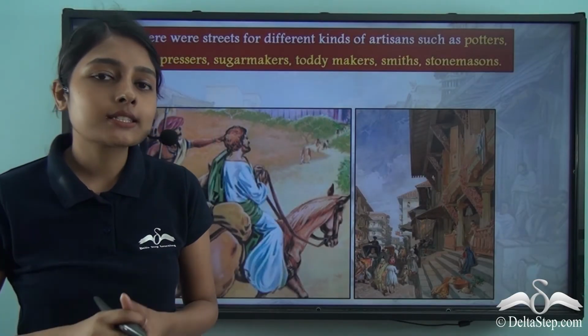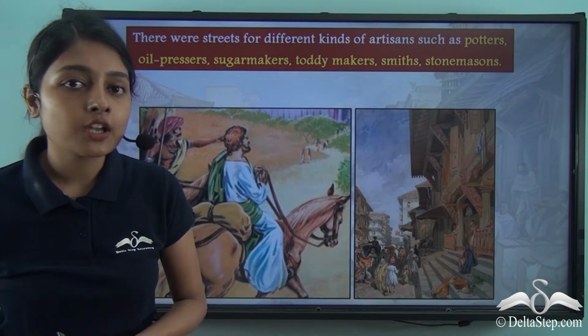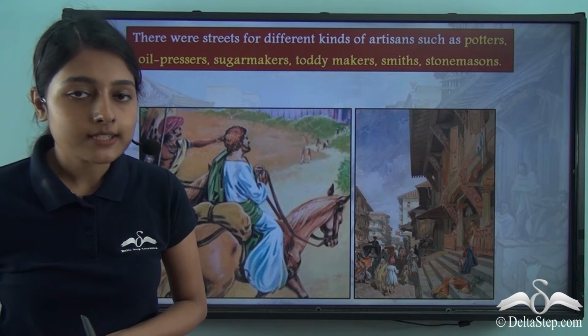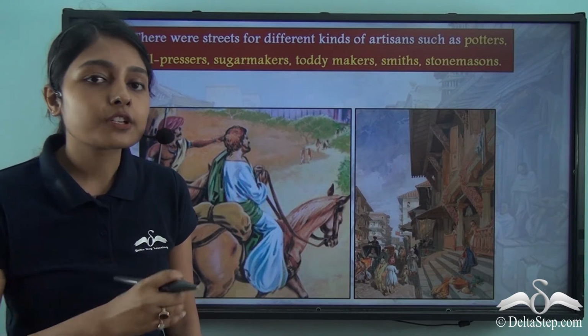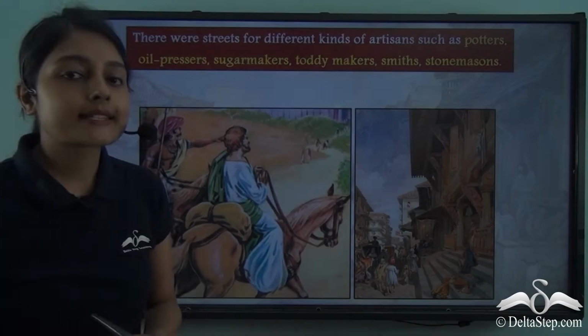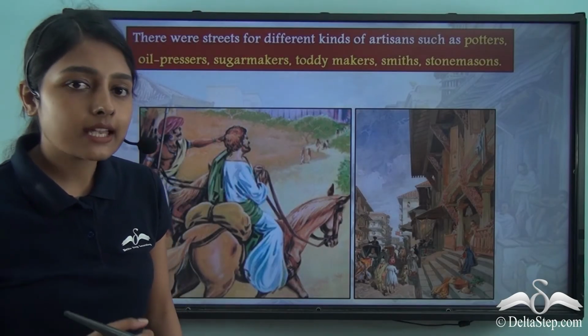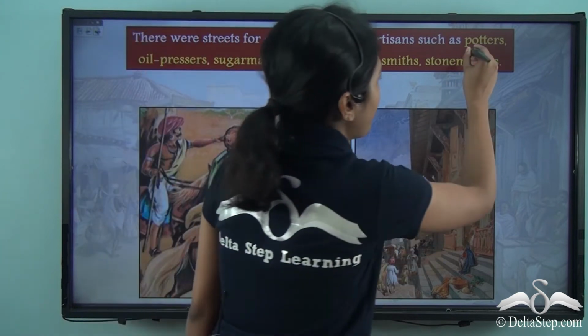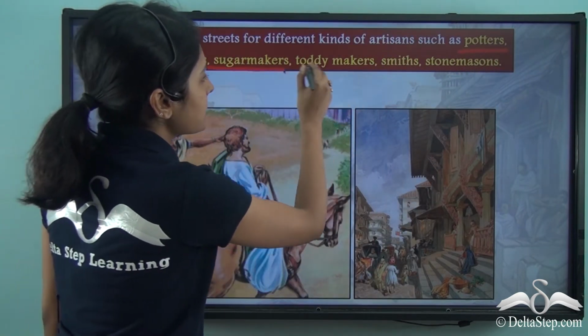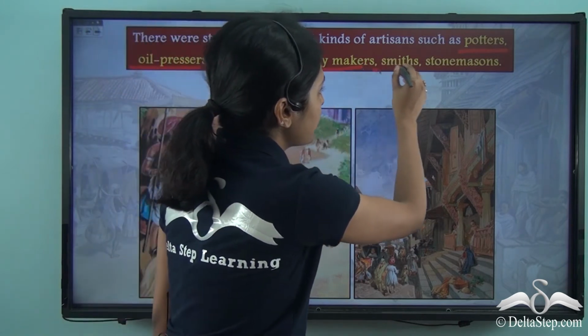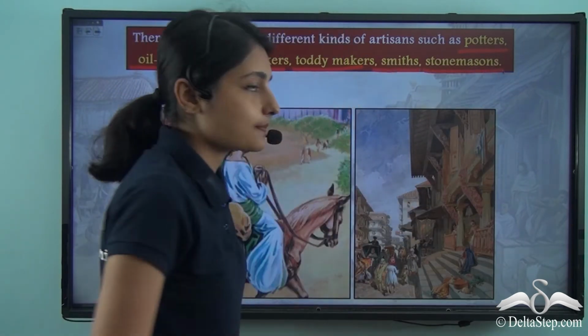In the small towns that started emerging from the 8th century onwards, separate streets were dedicated to different professions. Separate streets were dedicated to artisans like potters, oil pressers, sugar makers, toddy makers, smiths and stone masons.